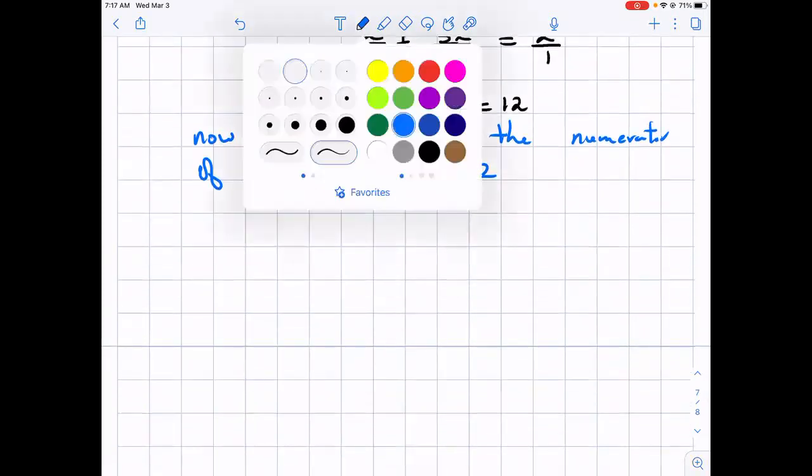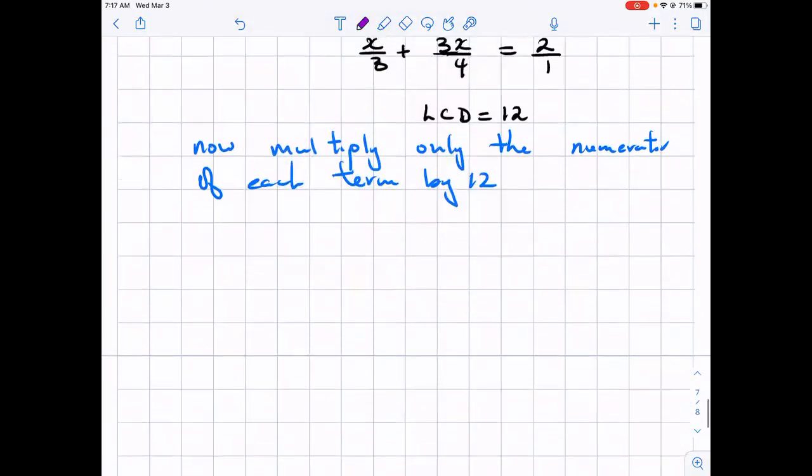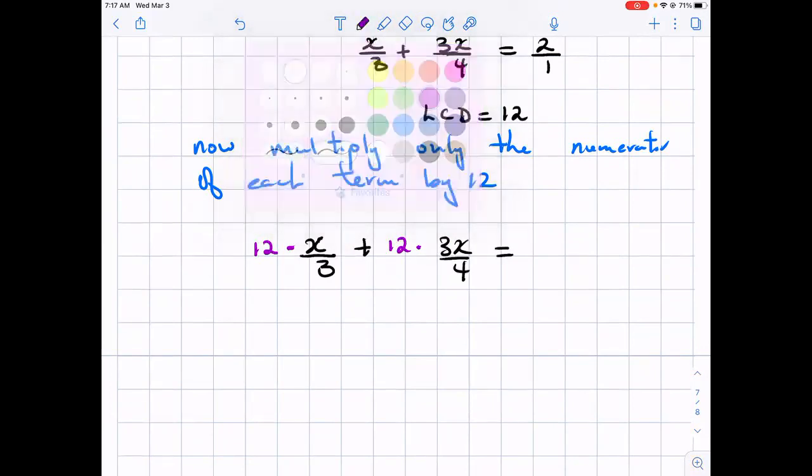So if we do this, we have 12 times x over 3 plus 12 times 3x over 4 equals 12 times 2 over 1.